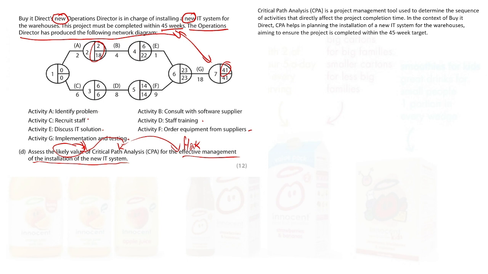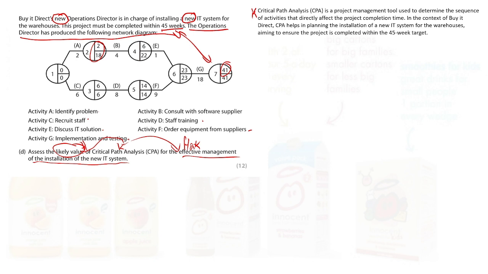So CPA is a project management tool used to determine the sequence of activities that directly affect the project completion time, very much from the case study. From your textbook. Lifted, memorised, however you want to phrase it. I'll make that look like a K. I'm not going to mark it in the exam, but this is what we would obviously do in class.